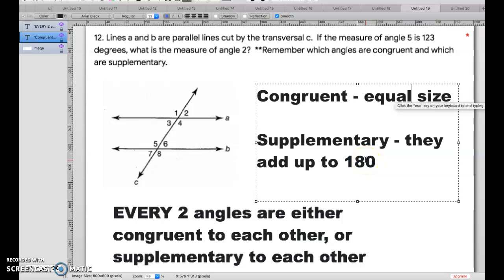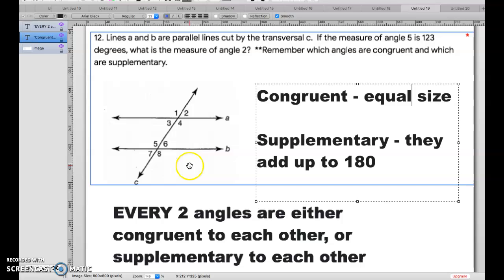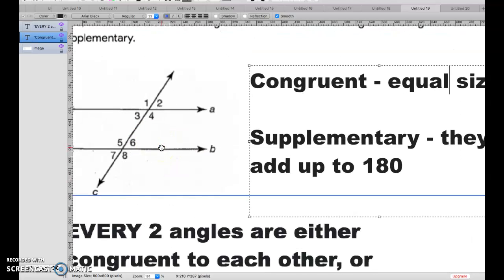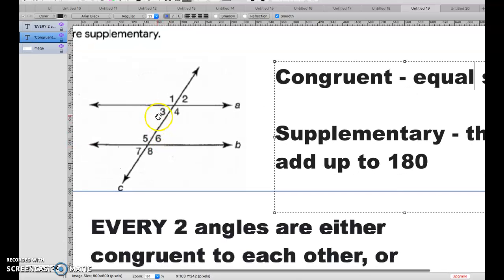So, for example, if I just pick any angle, I'll pick angle 6. That angle is obviously acute. It's less than 90 degrees. So if I find any other acute angle in this figure, then it will be congruent to this angle 6. For example, angle 7 is acute.